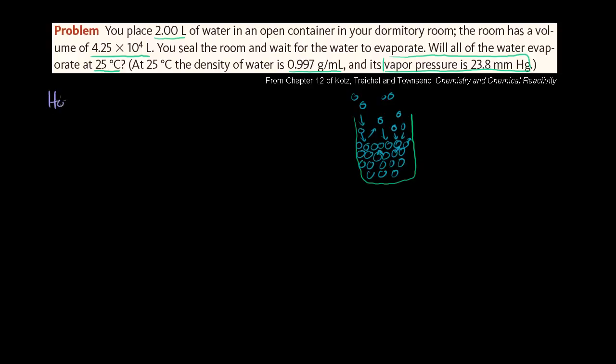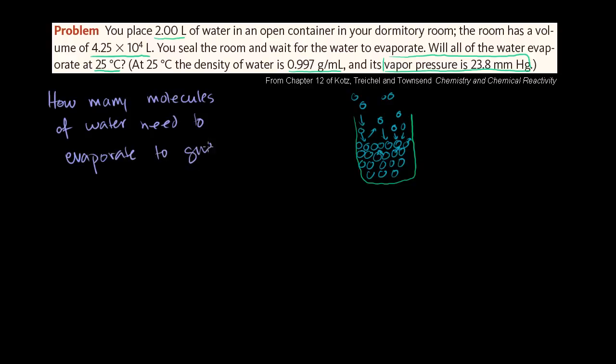How many molecules of water need to evaporate to give us the vapor pressure of 23.8 millimeters of mercury?